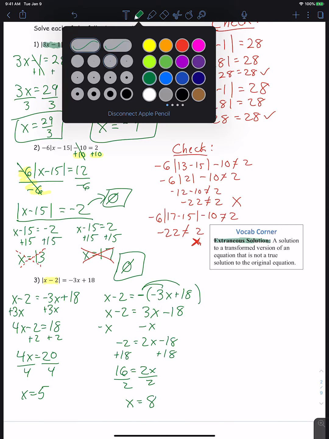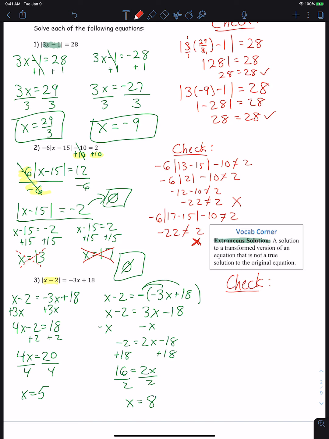So over here I'm going to first check 5. I'm going to plug that in for both x's. So that would be the absolute value of 5 minus 2 is equal to negative 3 times 5 plus 18. I get 3 on the left, and you also get 3 on the right. That checks. Good. Circle it. That's one answer. And let's check 8 also.